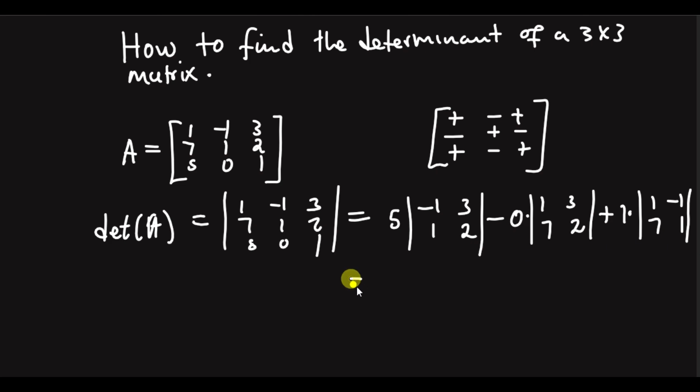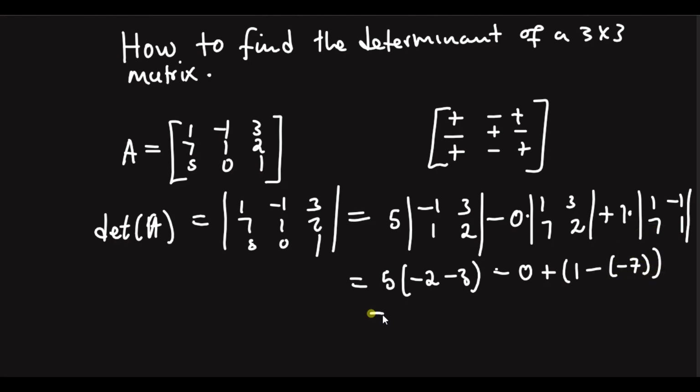Now let's continue. Here I'll have 5 times negative 1 times 2, which is negative 2, minus 3, which is 1 times 3. Here we will have 0 minus 0. Plus 1 times 1 is 1, minus 7 times negative 1, which is negative 7.